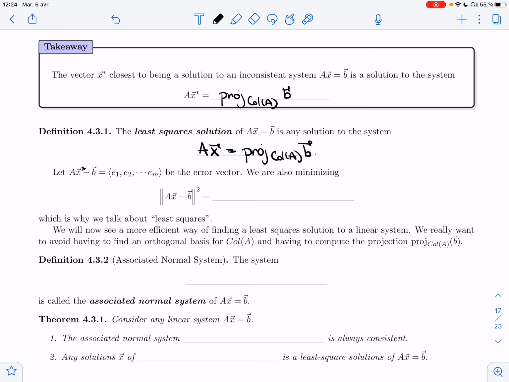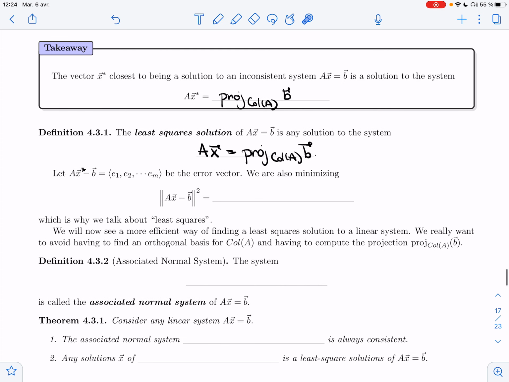So let's call it Ax star minus b. That's going to be the error vector. That tells you how far you are from being a solution. So what we're actually minimizing is the length of this, but at the same time we're minimizing the square of the length. That will be e1 squared plus e2 squared plus em squared. And that's why it's called the least squares. We're looking for the smallest of these error norm squares.